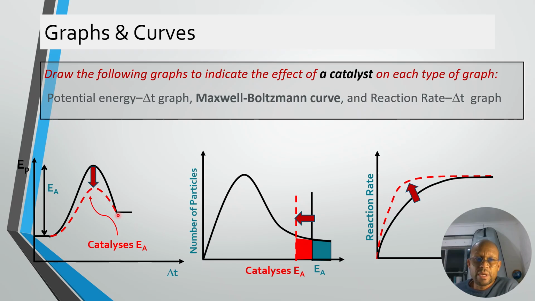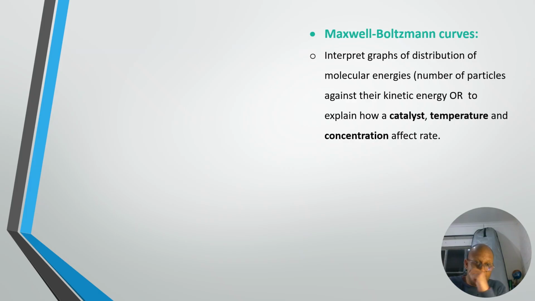The same over here, the beginning part and the end parts will be the same. It's only in the middle where it drops down. So take note, this one is bulging out, and this part of the graph becomes more parallel with the y-axis, and that indicates a faster reaction that will produce the same amount of products, but it will take less time. Okay, so let's see what the next slide brings us.